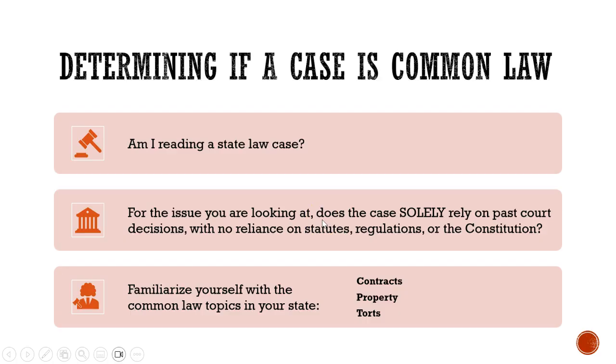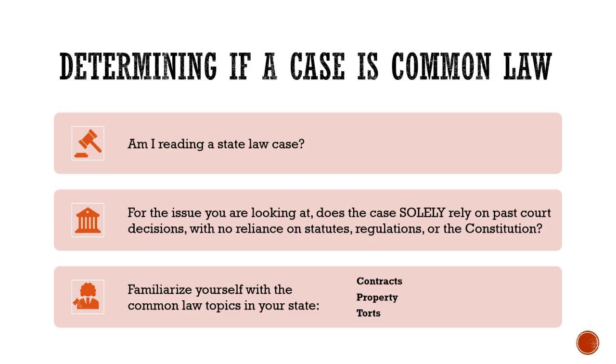Now, in a minute, we're going to see, in the third or fourth objective of this lecture, where there might be more than one source of law in deciding a case. But for common law, am I dealing with common law? It would be a state case, and is it relying on past court decisions, or what's called precedent, with no reliance on statutes, regulations, or the Constitution?